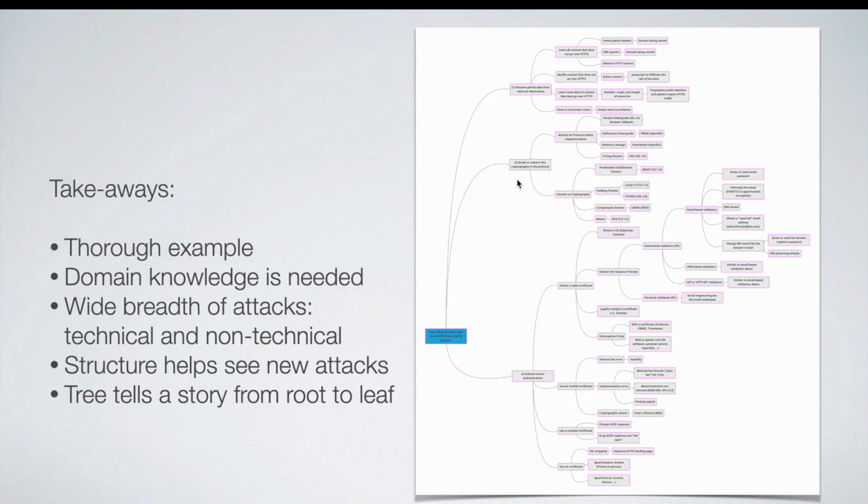But anyways, the other thing is notice that if you didn't know anything about HTTPS, you wouldn't come up with this tree. So even though it's a high-level methodology and a way to get started, it doesn't let you find attacks in things unless you know a lot about the underlying protocol. So we had to learn a lot about HTTPS to even understand all of these attacks. But the attacks themselves, you have a very wide breadth of attacks.